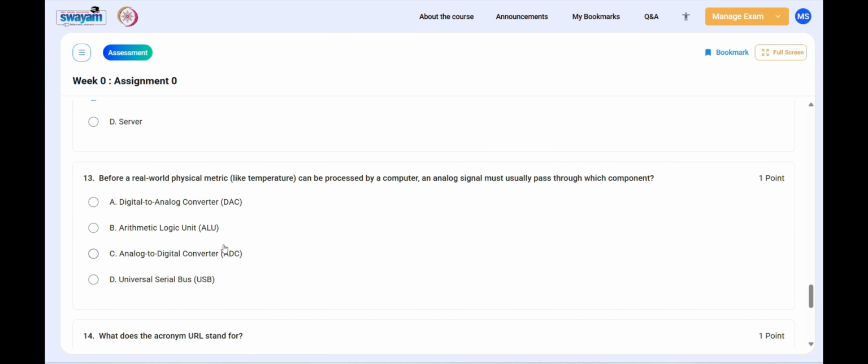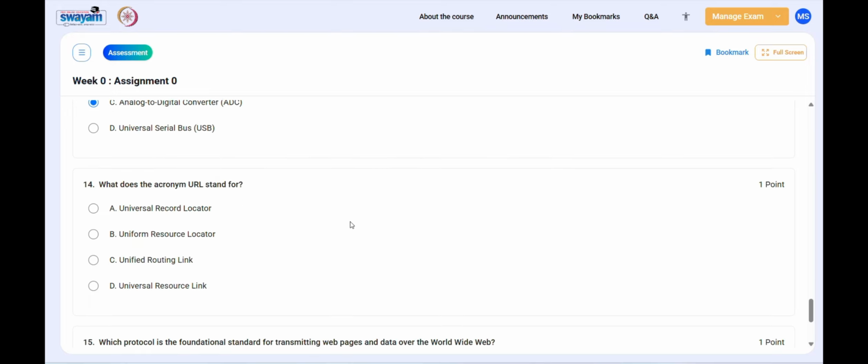13. Before a real-world physical metric like temperature can be processed by a computer, an analog signal must usually pass through which component? Option C is correct, analog to digital converter, ADC. Then the 14th question: what does the acronym URL stand for?